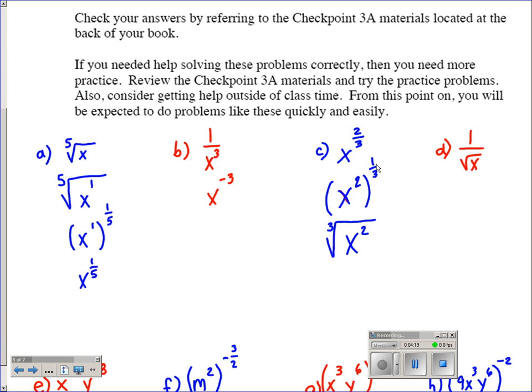Now, if you chose to do this a different way, another way this could be written is we could take x and raise it to the 1/3 power and square that, because using our properties of exponents, 1/3 times 2 is still going to be 2/3. So remember, multiplication is commutative. You could do either one first. If we think about x to the 1/3, that's still going to be the cube root.